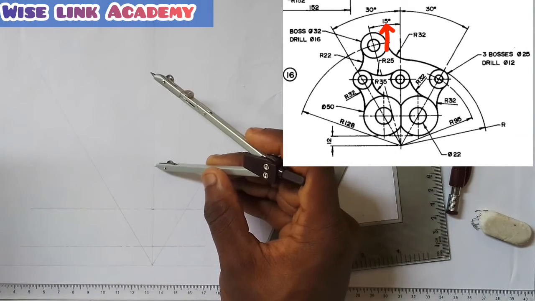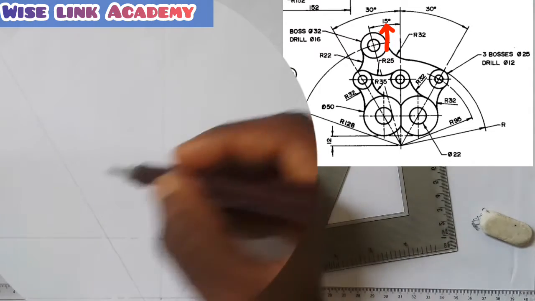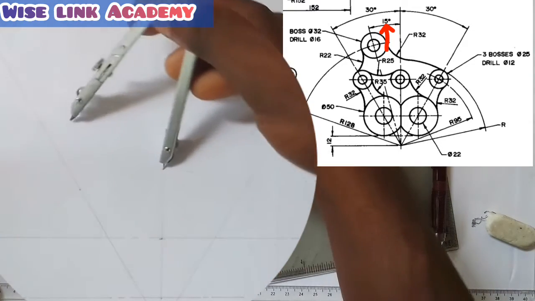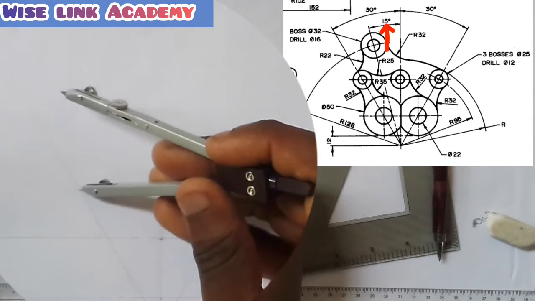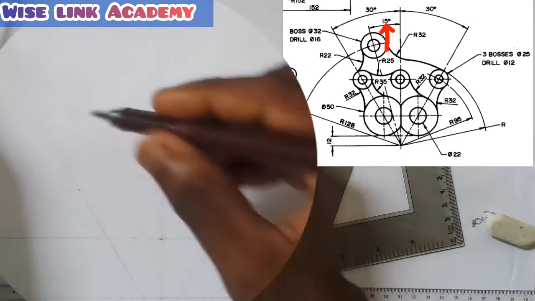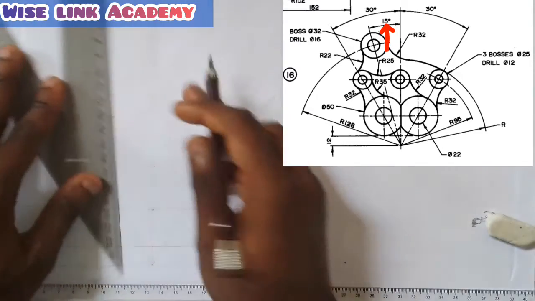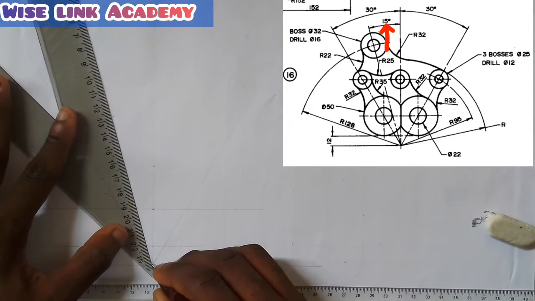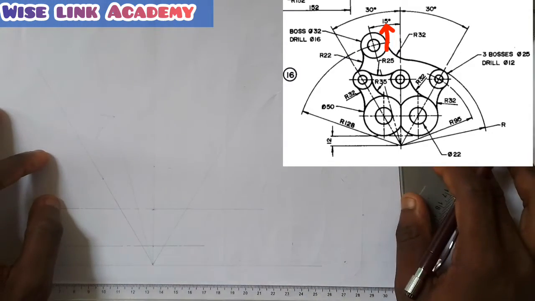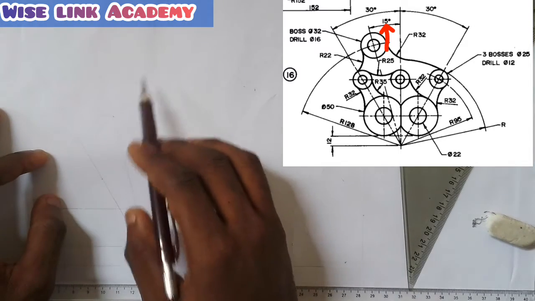Now at this point where it touches here, it touches this point and this point, right? So take any radius of choice, strike an arc, one, come to this point here, back, two. Where it meets is at this point. At that point I will draw an inclined line from this point here to this point, this way, right? So this is 30, this is 30, and from here to here is 15.